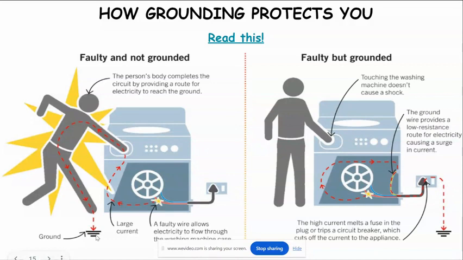The way you can protect from that is to use a grounded plug, which has an extra wire in it down here. If you had this fault in your washing machine, like a busted wire touching the wrong place, the electricity will go through this extra wire into the ground. It won't go through you, because the wire is an easier path for the electricity.